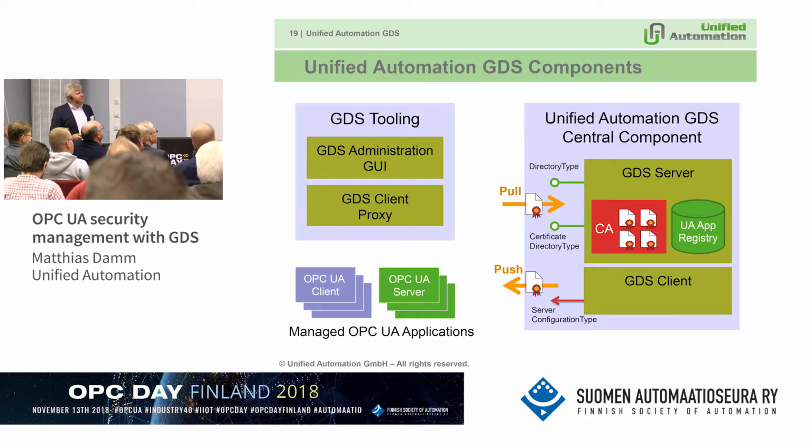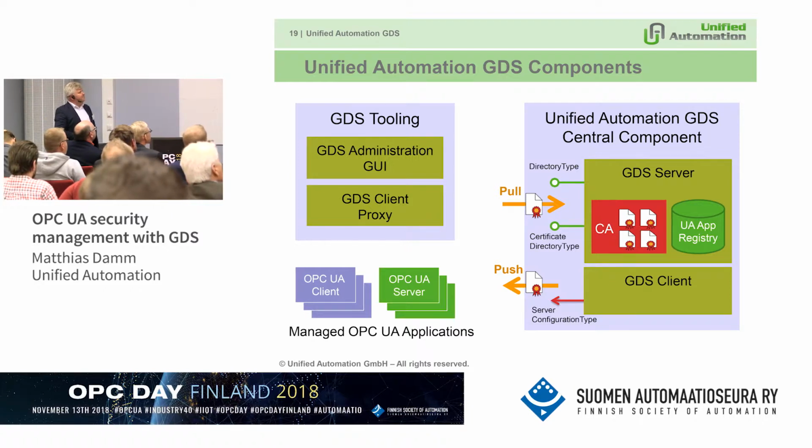Then we also have a GDS client that is part of the central component, where you have an outgoing interface to talk to servers through the server configuration type, and that implements the push model. Then we have an administrative tool to manage the GDS, and also a client proxy. I will explain how this is used two or three slides later.